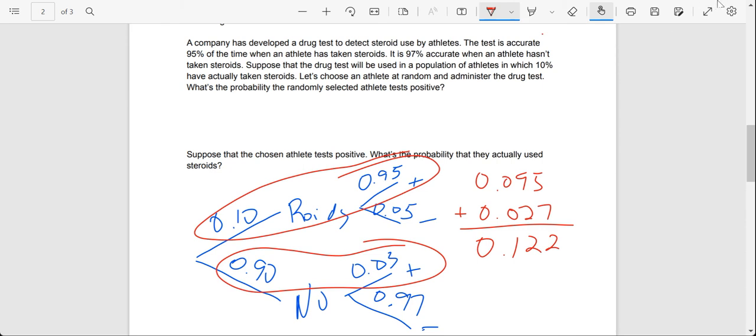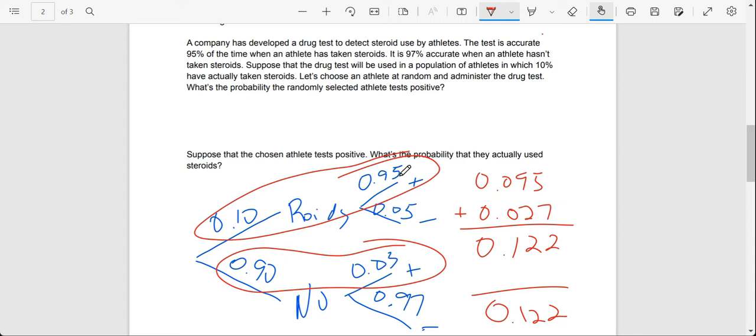Now the second question, suppose that the chosen athlete tests positive. So when you see given, in your head you're saying given. So if your given is test positive, that means our denominator is what we just found. What's the probability they actually used steroids? If they used steroids, it was this times this, right?